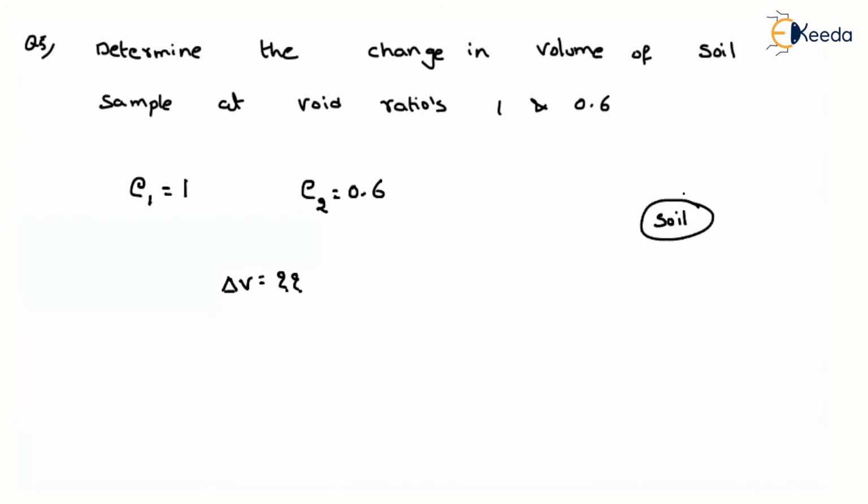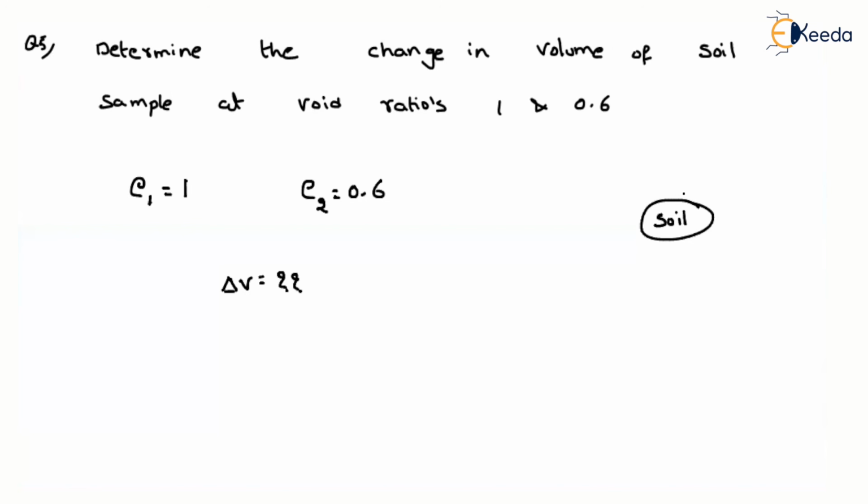That means we are doing some stabilization, that means we are doing compaction. While doing compaction, our void ratio will decrease. That means volume of voids is decreasing. As volume of voids is decreasing, your void ratio is decreasing. So if void ratio is changed to 0.6, what is the change in volume? Change in volume is only due to the decrease in the volume of voids.